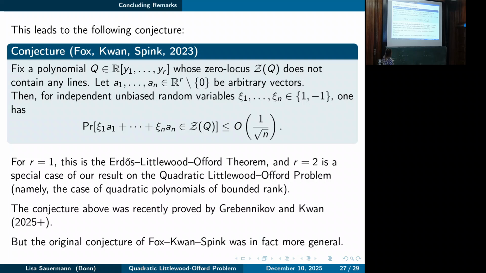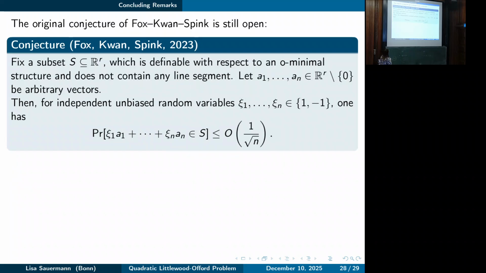This conjecture was very recently proved by Grebennikov and Kwan. But I lied to you a little bit. The original conjecture of Fox, Kwan, and Spink was not just that. It was in fact more general, and that original conjecture is still open.